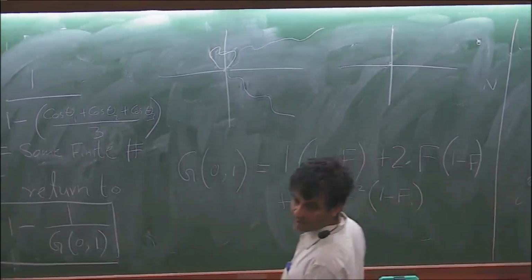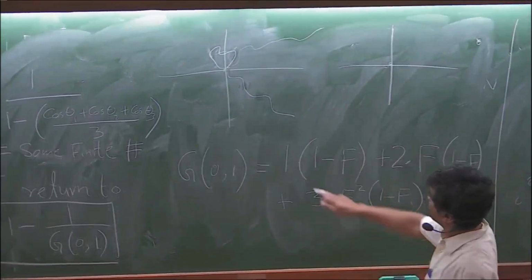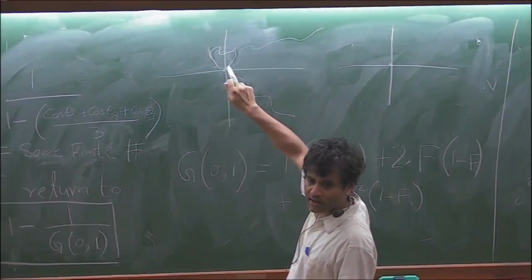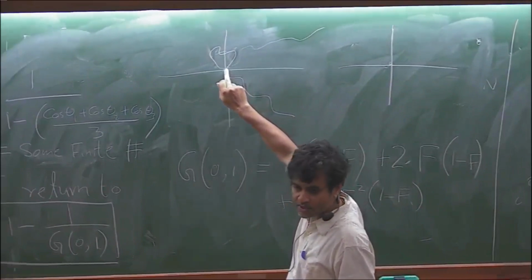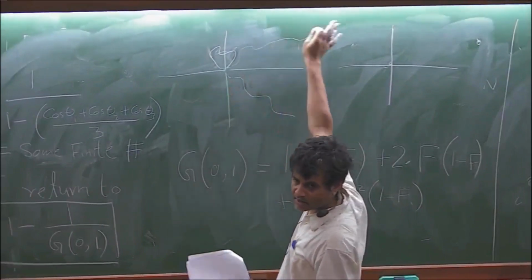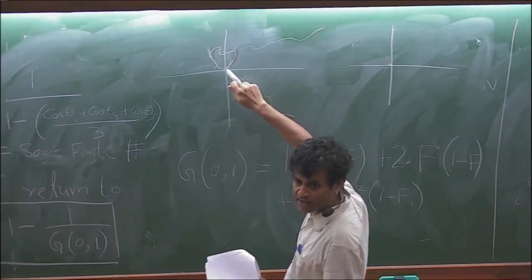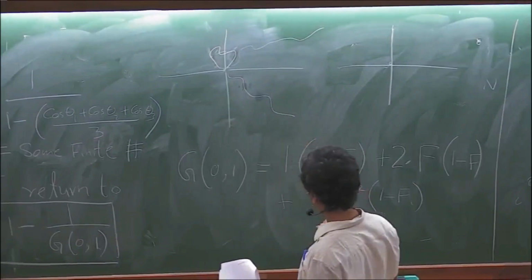Okay. See, in the first path, the number of visits was 1. I just started, I was here, so the number of visits is 1, then it never comes back. In the second one, I started, that's 1, I came back once, so 2 visits, and then I never came back. So that's why 2.